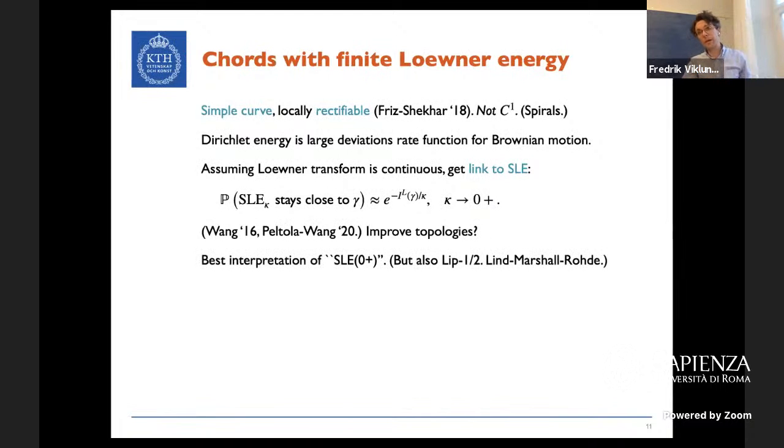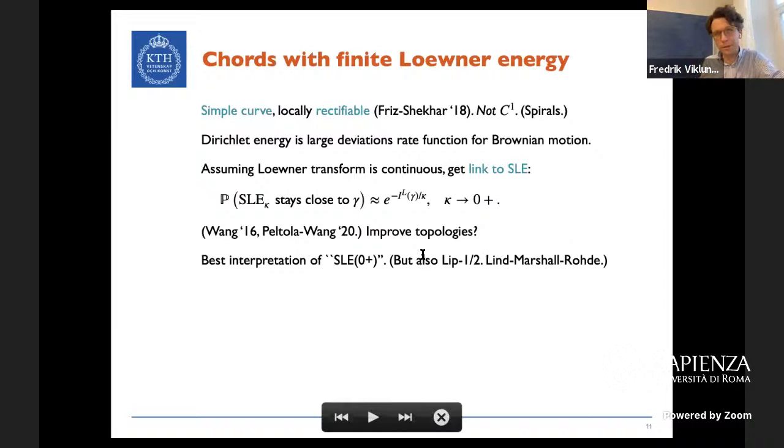At least for me, I think these finite energy chords are really the best interpretation of what one should mean by SLE 0+. So some kind of semi-classical limit of SLEs, or some kind of deterministic version of SLEs, if you will.